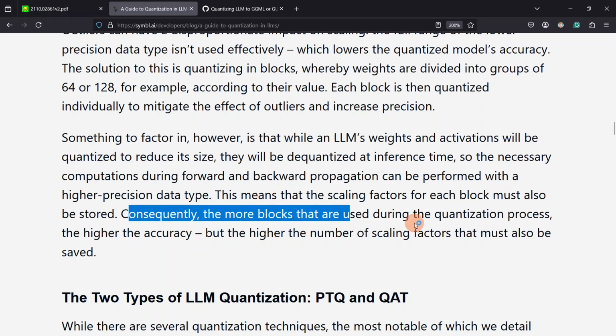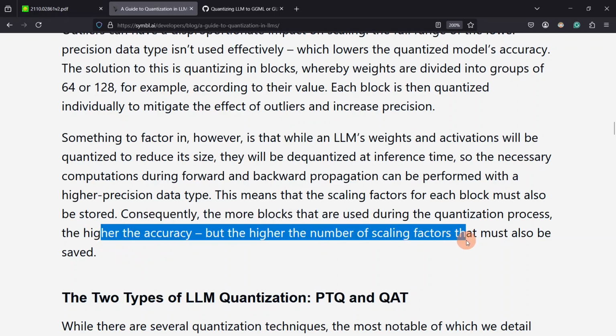Consequently, the more blocks that are used during the quantization process, the higher the accuracy, but the higher the number of scaling factors that must also be saved. So, more blocks in block quantization is like halfway between full quantization and not doing any quantization.